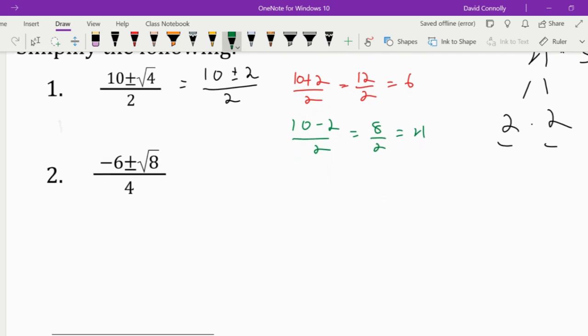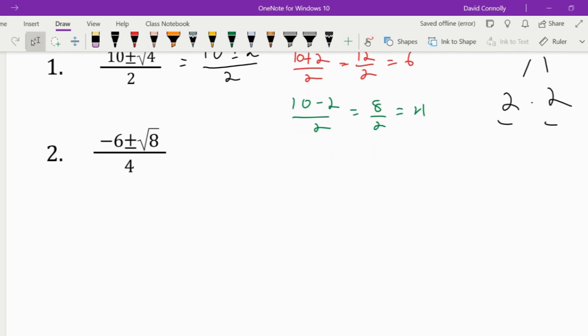This next one is going to be slightly different because the square root of 8 is not a perfect square. So we're going to need to use the tricks that we just learned in order to simplify this. And that is always the first step. So I'm going to create a little scratch work area over here just to simplify the square root of 8.